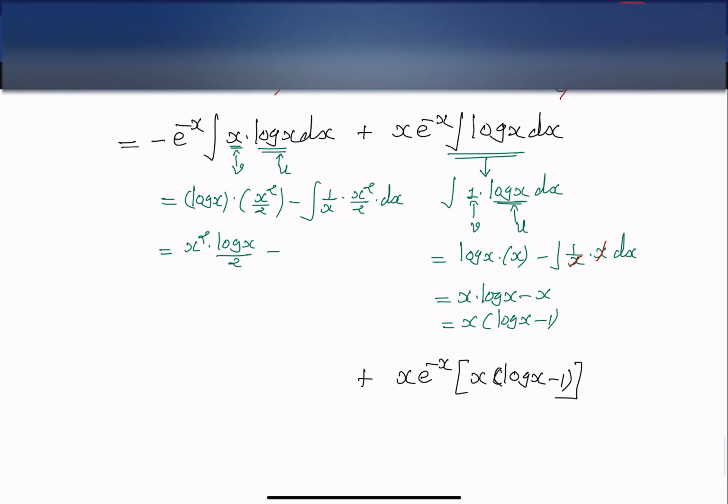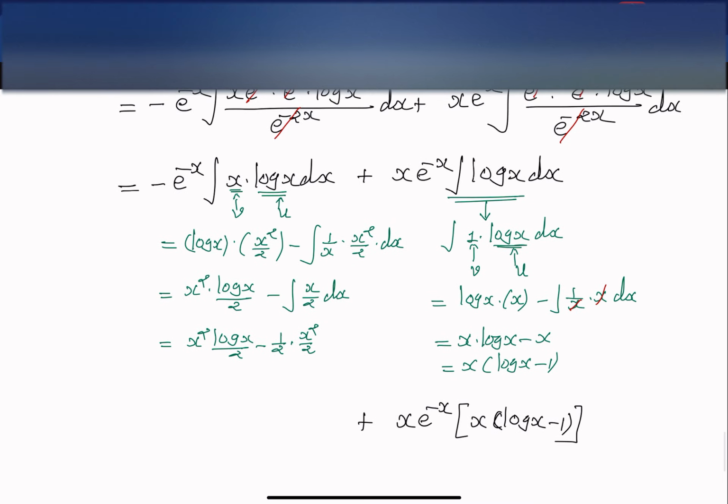So it is integration of x upon 2 dx. So this is x square log x by 2 minus 1 upon 2 times what is integration of x? Again x square by 2, right? And therefore this integration is minus e raised to minus x, times x square log x by 2 minus x square divided by 4.